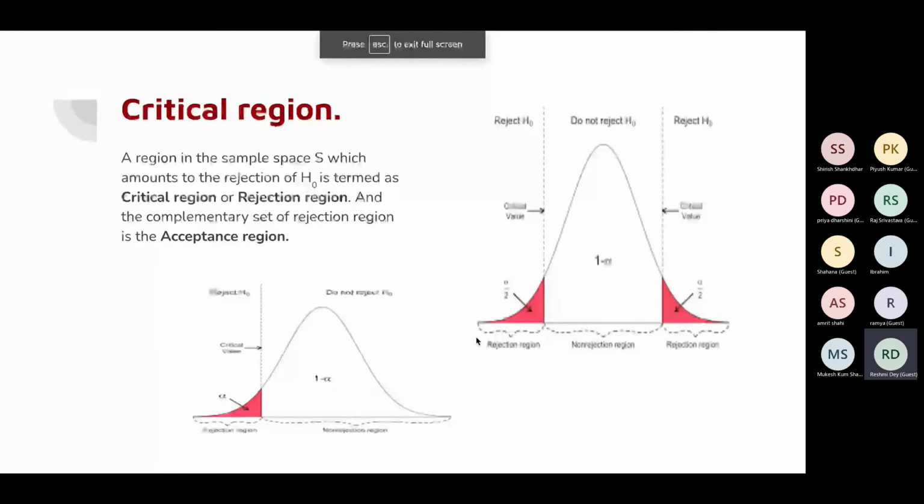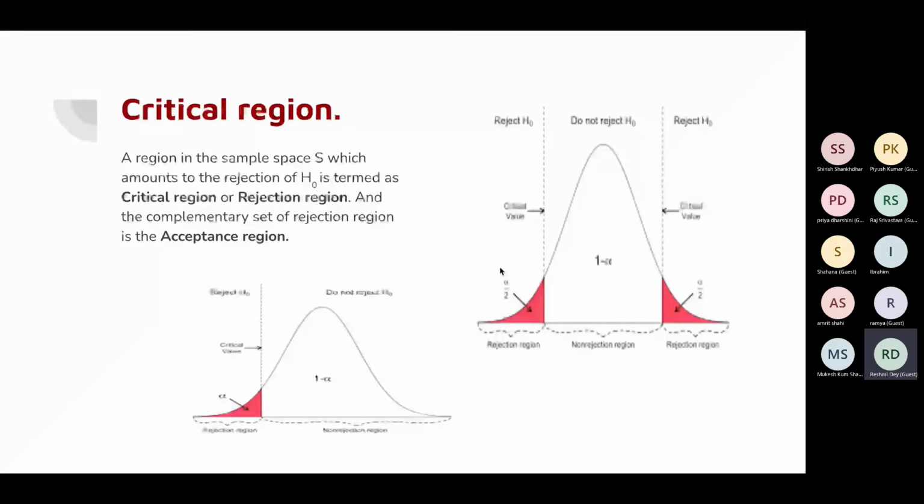So as I was saying, critical region is basically our rejection region where we reject our null hypothesis, that is H naught. For a single-tailed hypothesis test, the rejection region is given as alpha, and for a two-tailed test, it is given by alpha by 2.